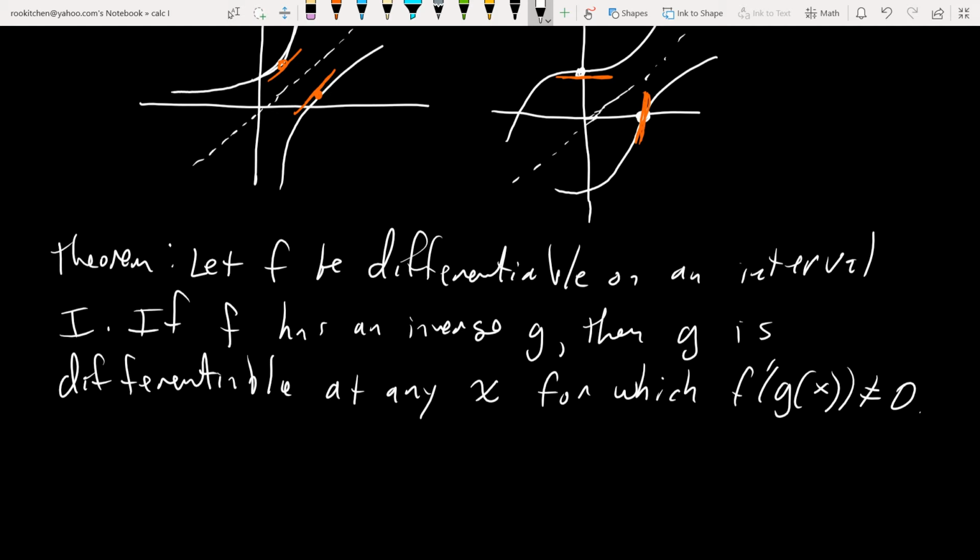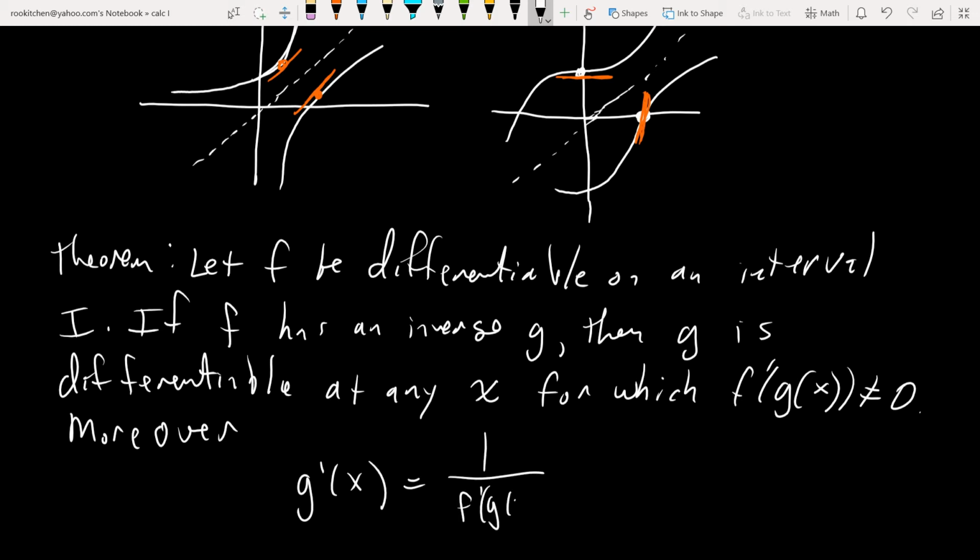It's basically just what the above theorem was saying. But on top of everything else here, we actually have a formula. Moreover, the derivative of the inverse function will be 1 all over f prime of g of x.